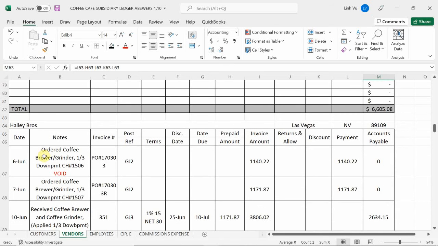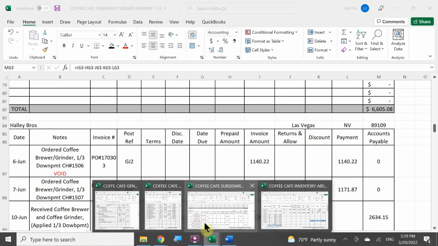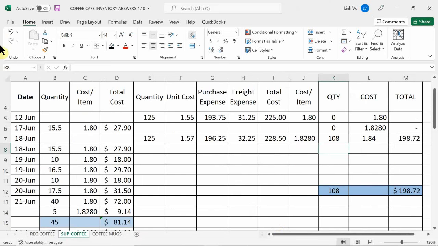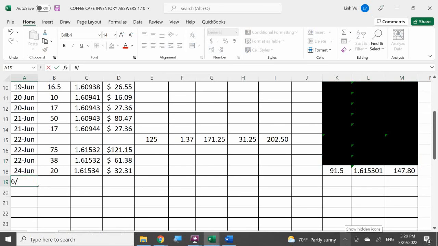What's next? Inventory, right? We just purchased our inventory, so we need to update our inventory. Okay, so let's start with our regular coffee over here. It is 624.